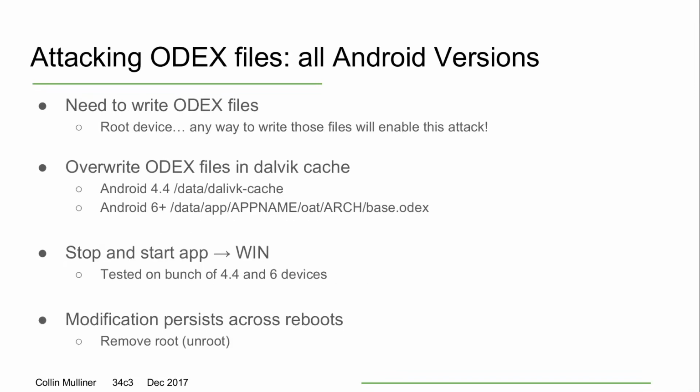You can just patch the CRC of the odex file. So what you can do, which will work on any Android version, is override the odex file of the specific app.